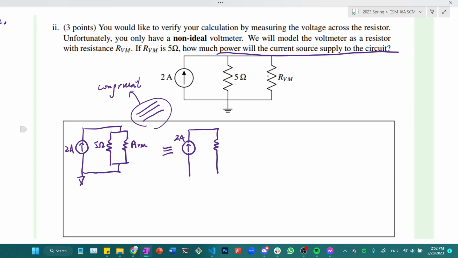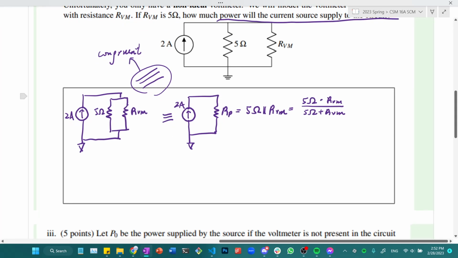And this resistor is going to be called the parallel resistor, which I'll say RP is equal to 5 ohms parallel RVM, which is equal to 5 ohms times RVM over 5 ohms plus RVM. Okay, so according to the problem, RVM is 5 ohms, which means this is 5 over 2 ohms. We'll talk about that later.